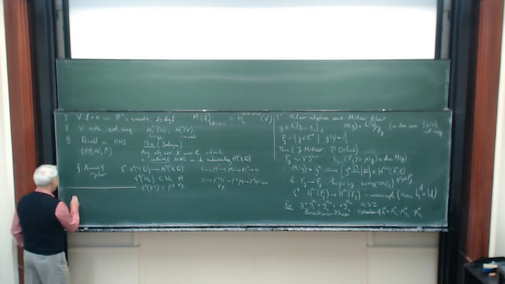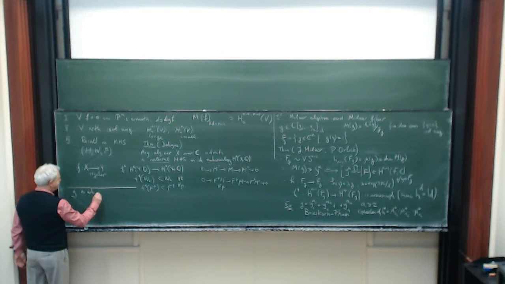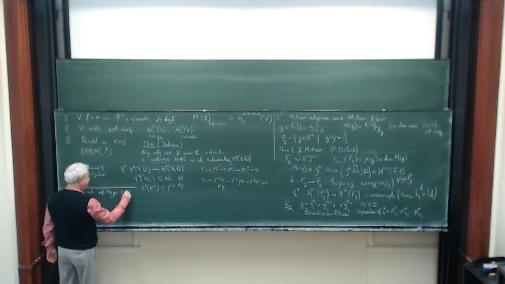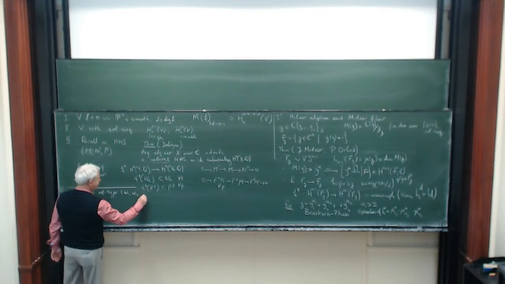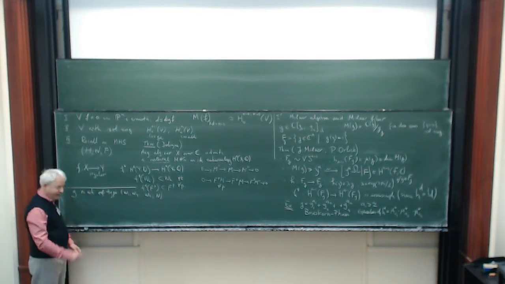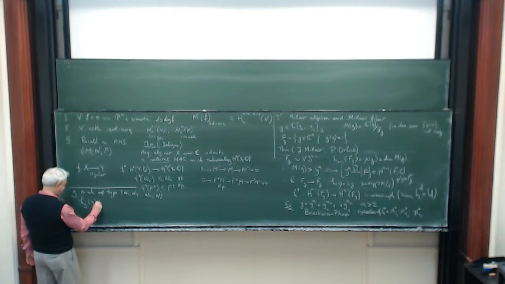do some explanation. Suppose that G is weighted homogeneous of type W1, W2, ..., Wn, and the degree is d. Then the definition of the monodromy is something like that.